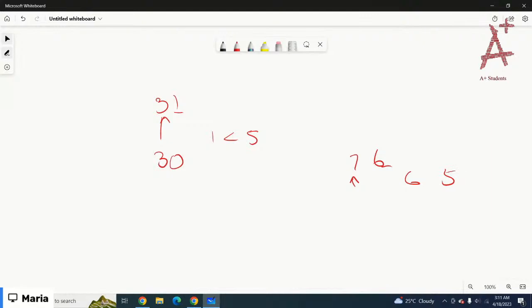Compare this 6 to 5. 6 is greater than 5, so you have to round up, add 1 to 7 and replace 6 with 0, so it would be rounded off to 80. Got it?